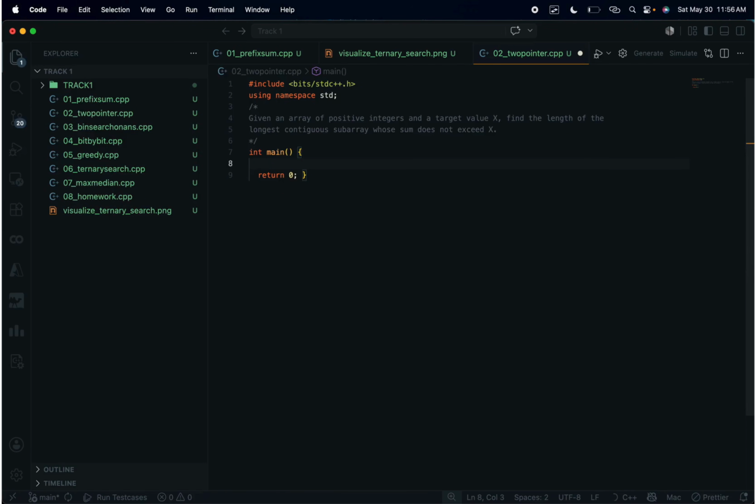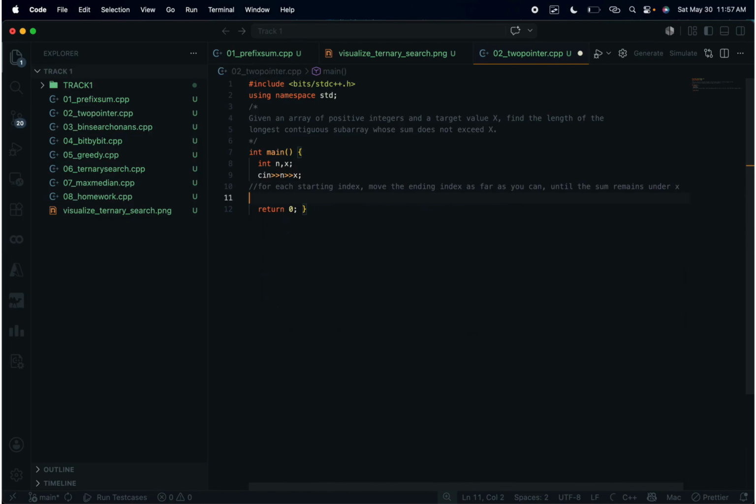Okay, what is our trivial method? The trivial method here would be to input n and x, and for each starting index, move the ending index as far as you can until the sum remains under x.